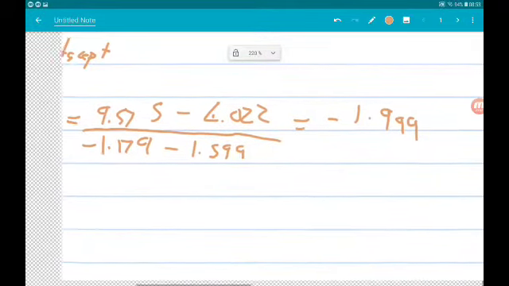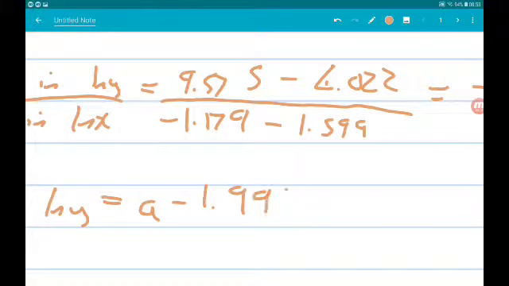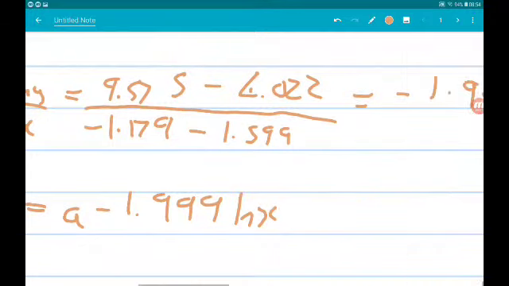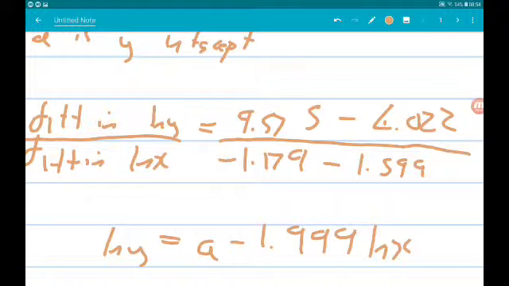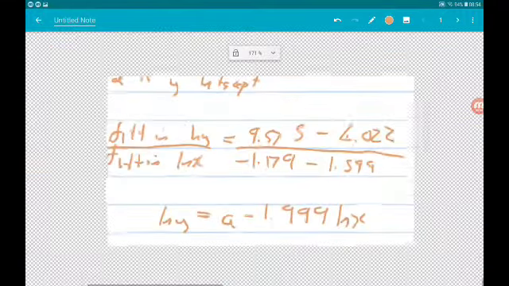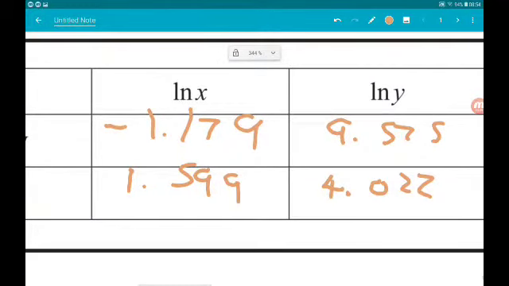Okay, so now then we know that log y can be written as A minus 1.999 log x. So, to now find the value of A, we're going to substitute in a pair of log x and log y values. So, let's use the top ones.